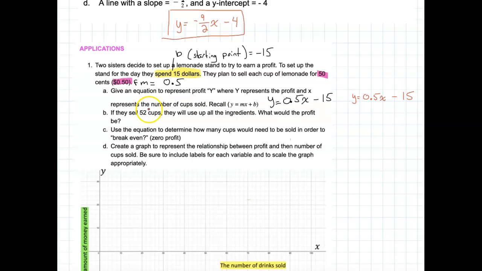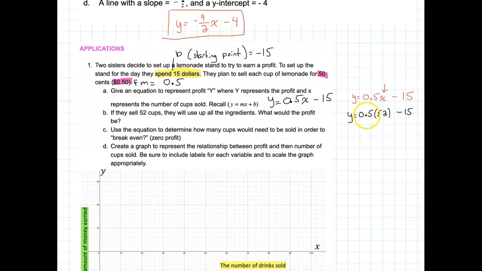If they sell 52 cups, so this is the number of cups here, right? What would the profit be? Y is equal to 0.5 times 52 minus that starting cost of 15.